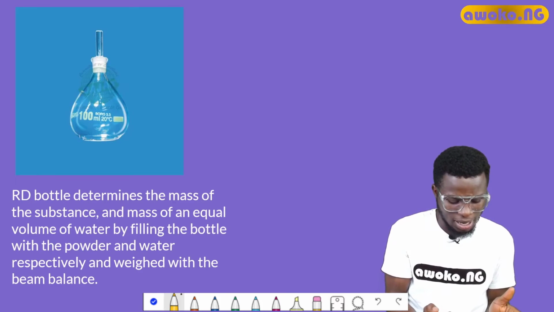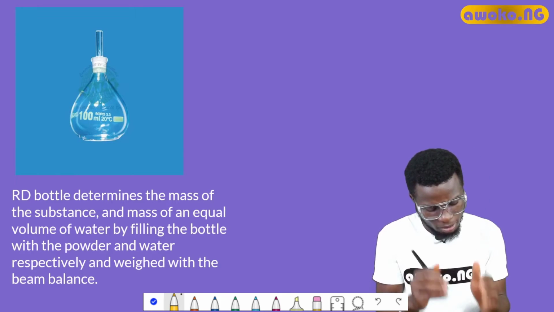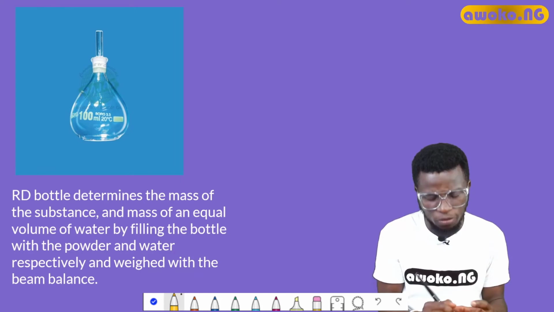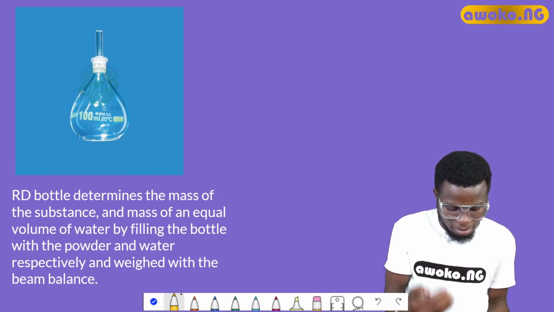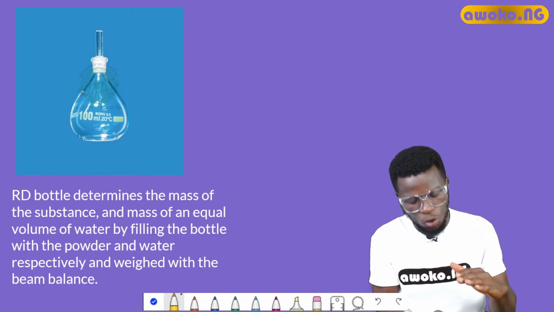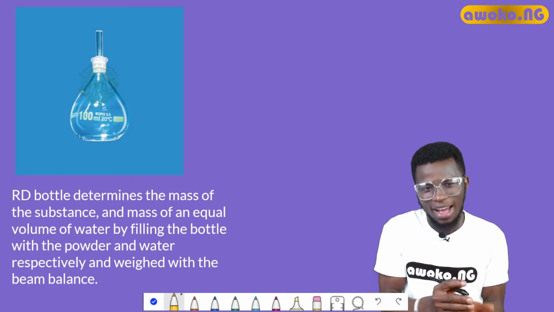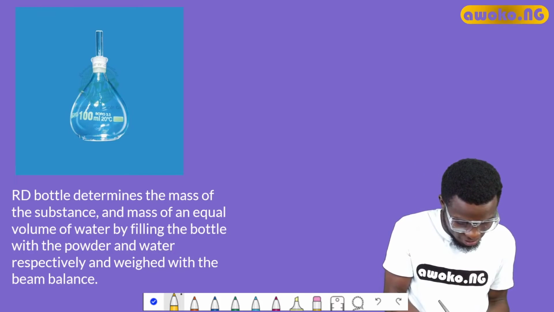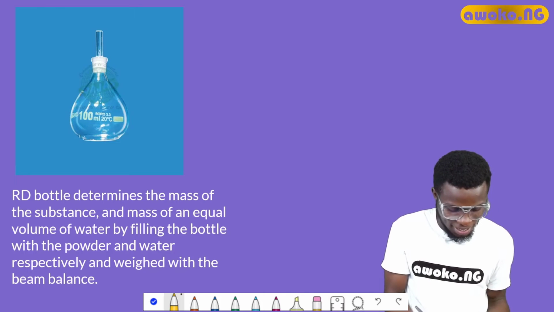And let's check the last one, a relative density bottle. We said a relative density bottle measures the mass of a substance and the mass of an equal volume of water by filling the bottle with the powder and water respectively. So this has even given us a clue to the answer.